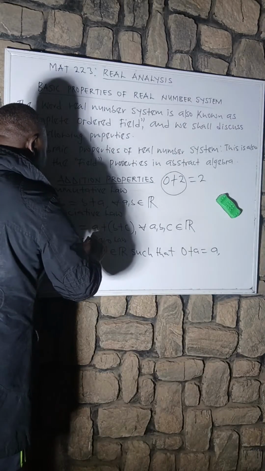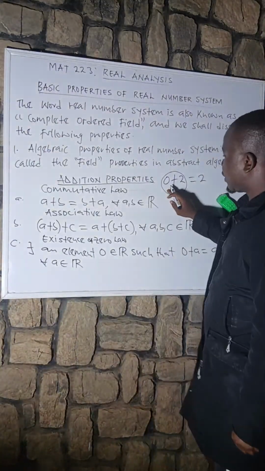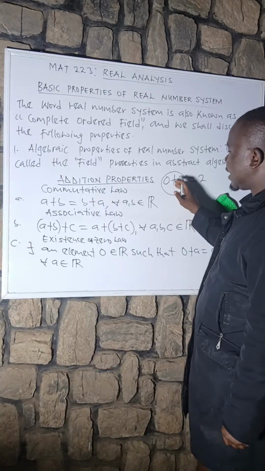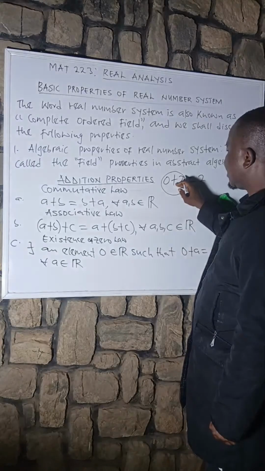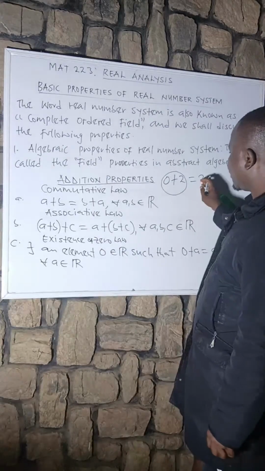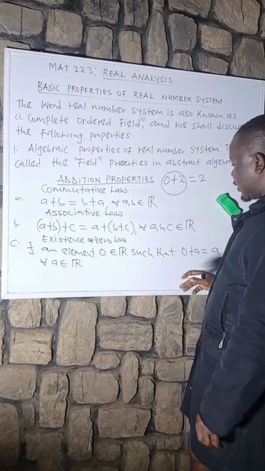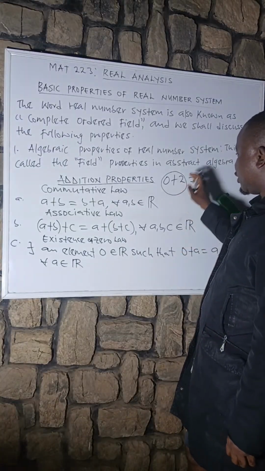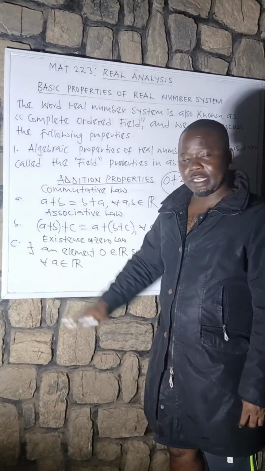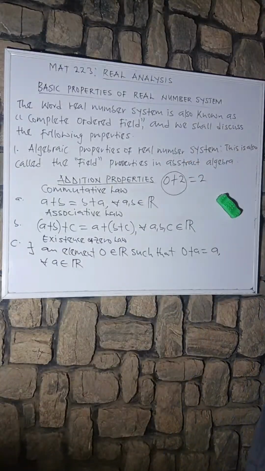When you come across something of this form, note that there is existence of zero law. Then at the end of the day, you are still going to get 2, because 0 plus 2 is 2. Is that clear? Any question?